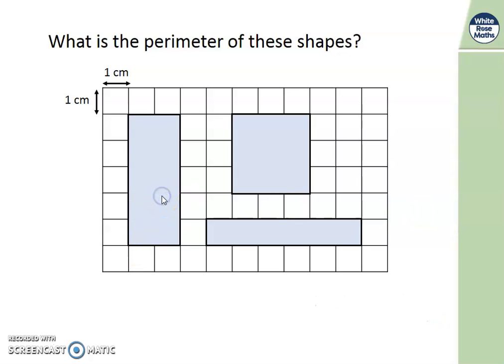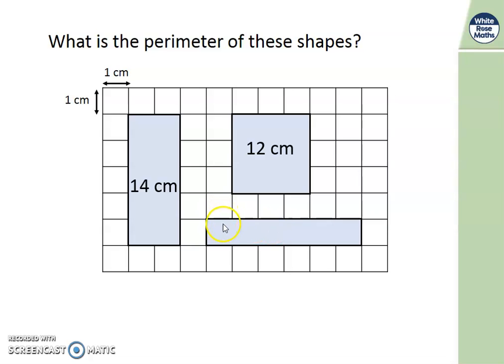On this one, it's 14, because 5 add 5 is 10, 2 add 2 is 4, and that makes 14. On the square, this side is 3, and we know with the square that all sides will be 3 because they're all equal. So that's 3 add 3 add 3 add 3, and that's 12 centimetres.